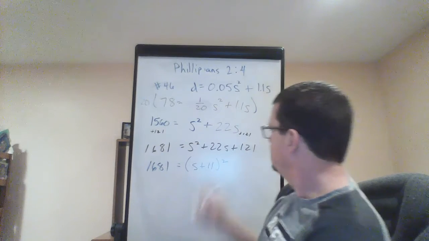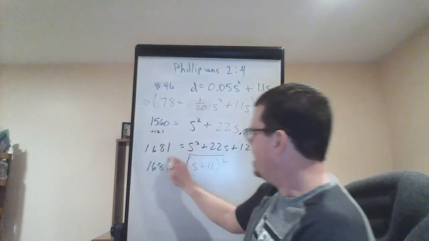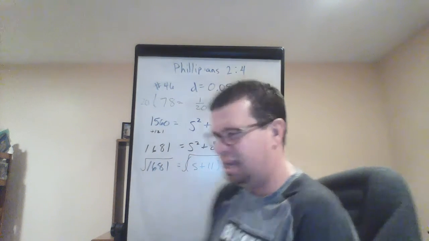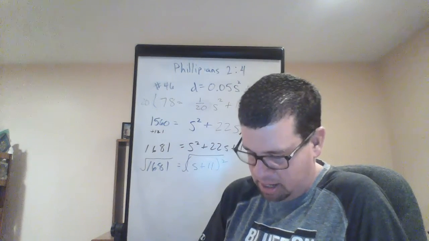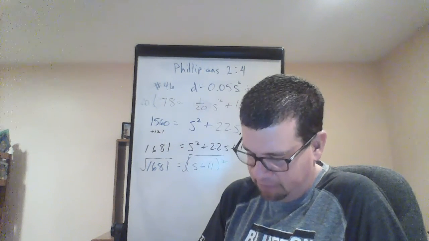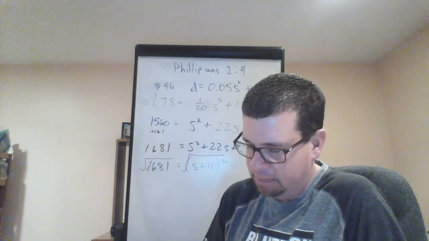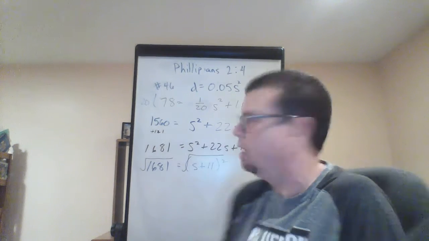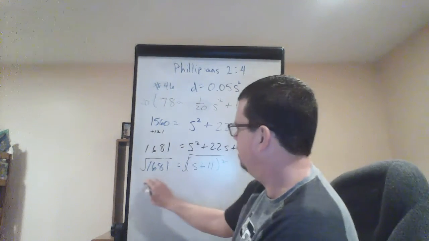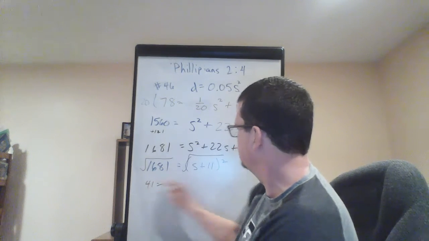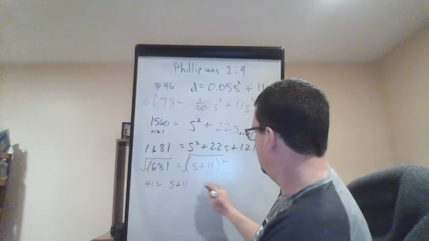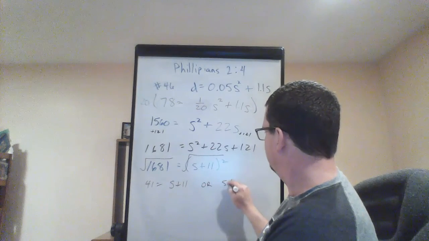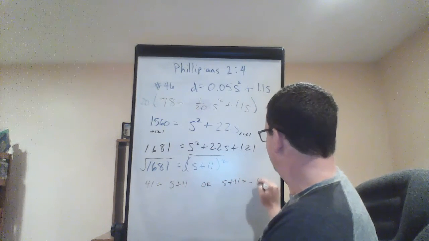So now I want to solve this thing by taking the square root. And the square root of 1,681, I probably should know that, but I can't think of it right offhand. I'm guessing it comes out pretty, and it does. It's 41. So I get positive 41. So s plus 11 could be positive 41, or s plus 11 could be negative 41.